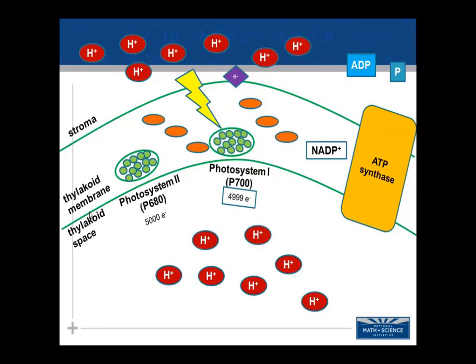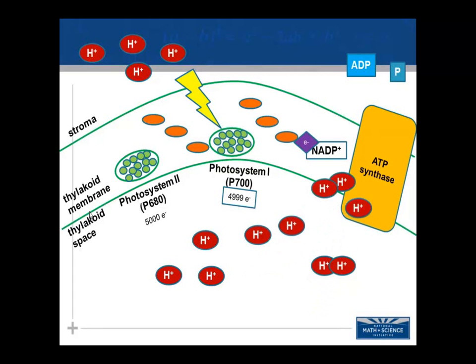So as this excited electron moves down the electron transport chain, which is exergonic, some of those protons are going to be pumped from the stroma into the thylakoid space, which is an endergonic reaction. But now, instead of that electron being added to NADP+ to form NADPH, as it occurs in non-cyclic electron flow, in this case, the electron, we'll go there in a second.